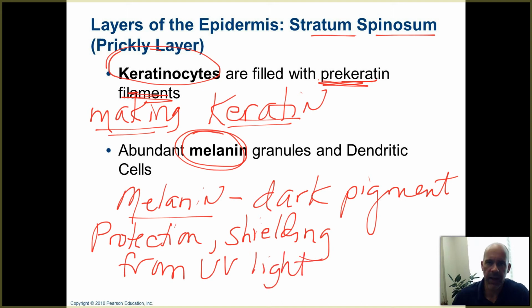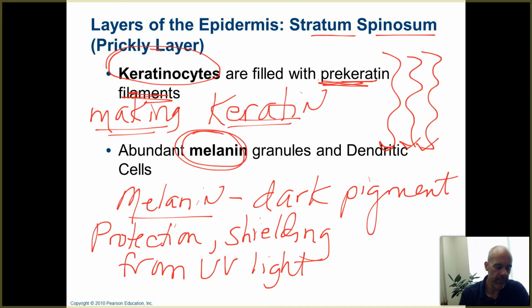Okay, so ultraviolet light from the sun, that's something we cannot see. Our eyes don't detect ultraviolet light, but nevertheless it is part of the rays that come from the sun. And ultraviolet light, what it does is it causes DNA mutations.